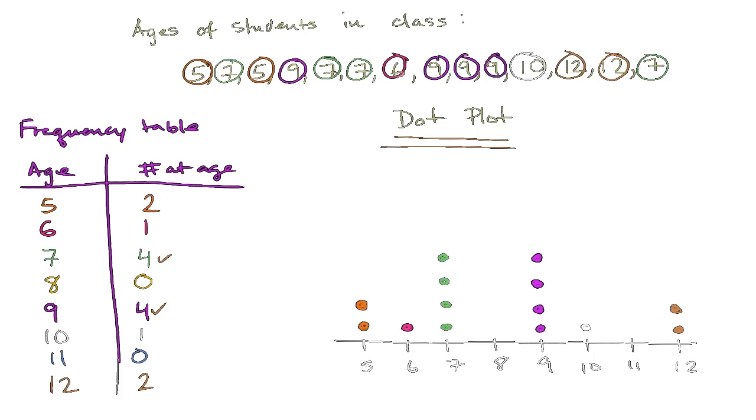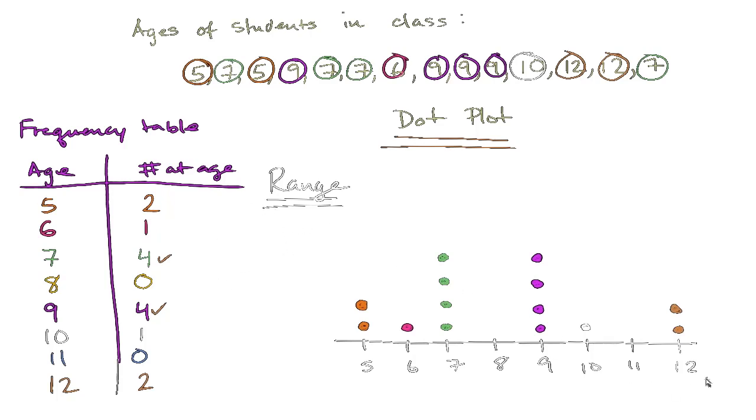But there's other questions we can ask ourselves. What is the range of ages in the classroom? And this is once again where maybe the dot plot jumps out at you the most, because the range is just the maximum data point minus the minimum data point. So what's the maximum age here?